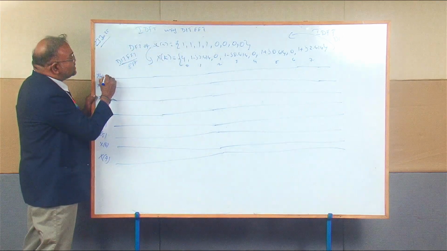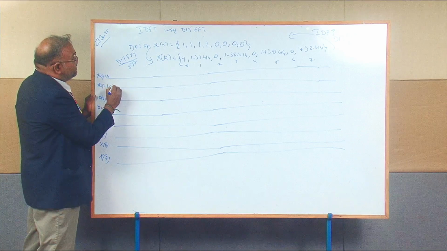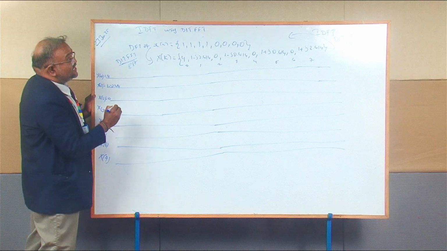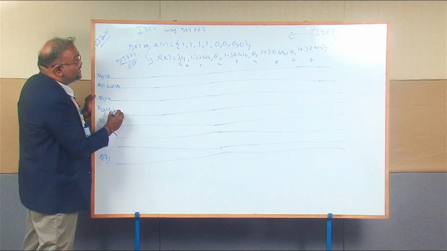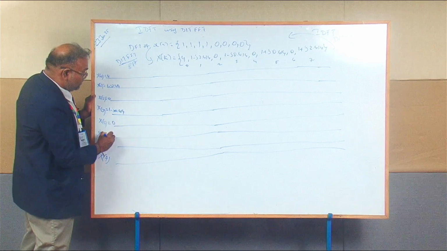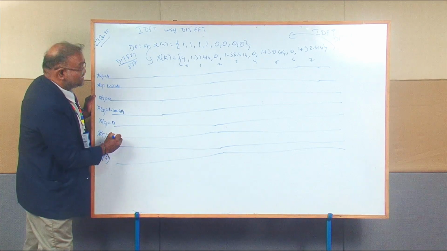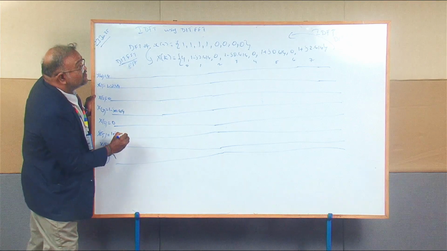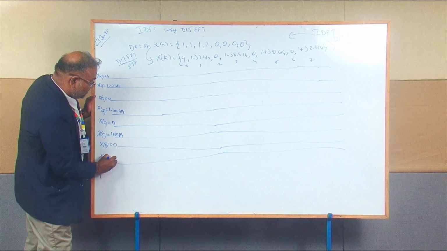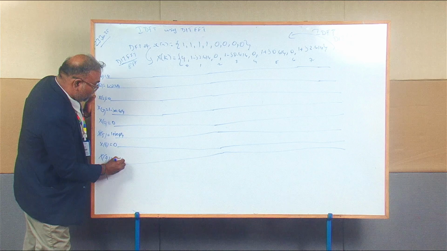So x of 0 is 4, x of 1 is 1 minus j 2.414, x of 2 is 0, x of 3 is 1 minus j 0.414, x of 4 is 0, x of 5 is 1 plus j 0.414, x of 6 is 0, x of 7 is 1 plus j 2.414.